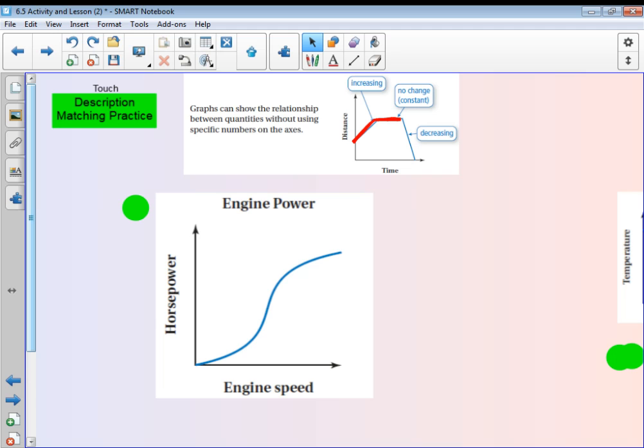Here we have engine power, and we've got our horsepower and our engine speed. Okay, so it looks to me like it is increasing, and it's not a constant rate because it's not a straight line, but it's just increasing at an increasing rate.